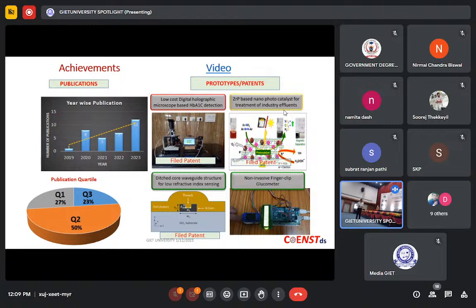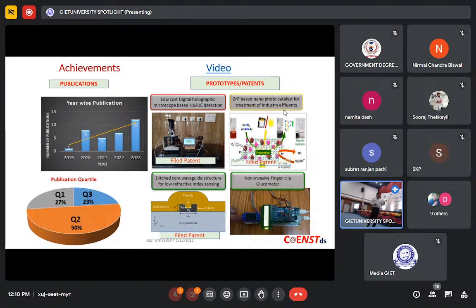And the most recent one, which we have not patented, but I have shown here, is another prototype where you can measure HbA1c without drawing blood. If you want to measure HbA1c, you have to prick your finger and take blood, and then measure the HbA1c. But recently, we have designed one prototype.